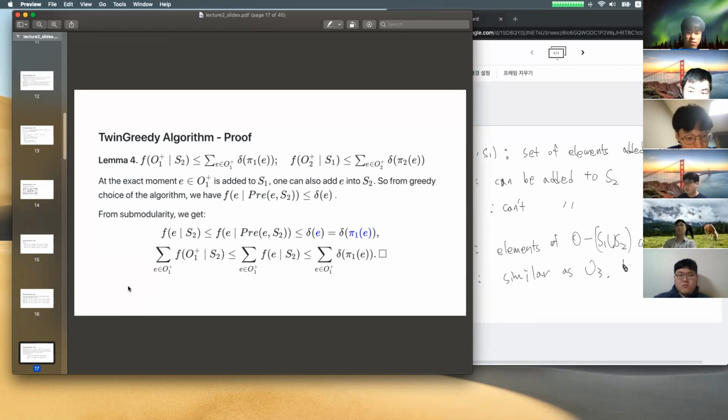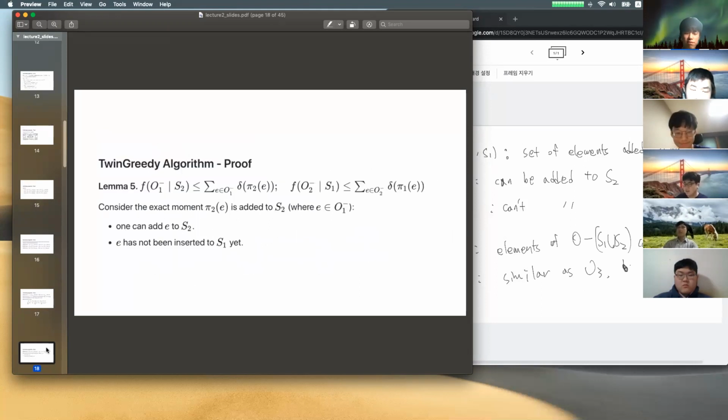Using submodularity and simple computation, we can get this result, adding this line for each element of O1 plus. The other 2 lemmas are also computation, but we'll see them.